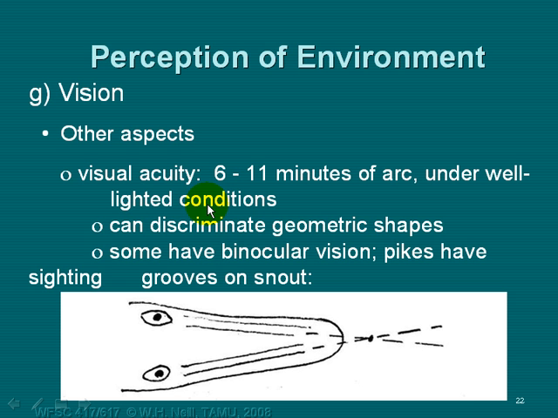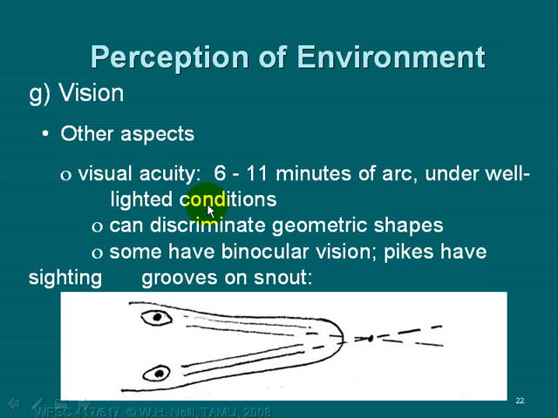Okay, so fish do not have as much visual acuity as humans. They can discriminate geometric shapes, and I'm not sure if we know what the limits of the geometric shape discrimination are, but fish have been trained using positive reinforcement, the same kind of Pavlov thing that we talked about, to discriminate between circles and triangles, for example, of the same area or the same linear dimensions.